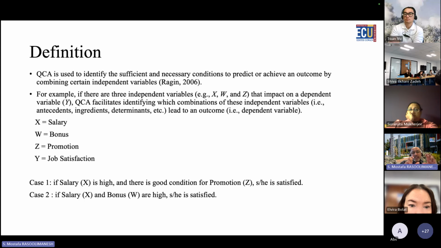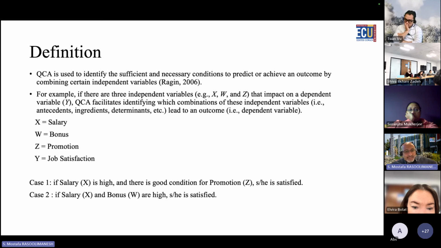The situation for case number one can be repeated for a few cases and employees, or a group of employees in our company. And the situation with case number two can also be repeated for a group of people.